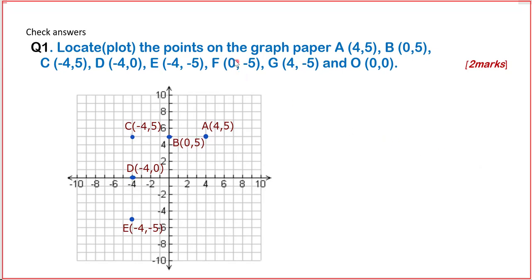Then point F, x coordinate is 0, so this point will lie on the y-axis, and the value of the y coordinate is negative 5, so this point will be this. And then point G, x is 4, y coordinate is minus 5, so, and we know that this is the origin, this O point will be here.